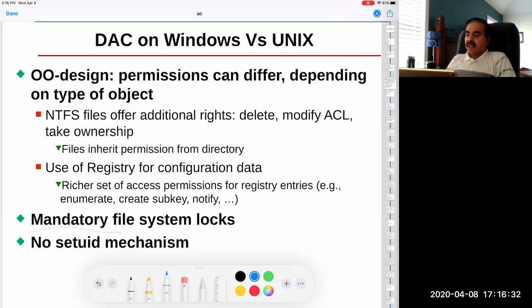But a process C, which doesn't check the lock, can still open the file and continue to use it. This way, there is no denial of service problem that happens with mandatory file system locks. And so one effect that you would tend to see, especially if you compare older versions of the Windows operating system versus older versions of Linux, is that Windows operating systems need to be rebooted fairly often, and one of the reasons is these file system locks.